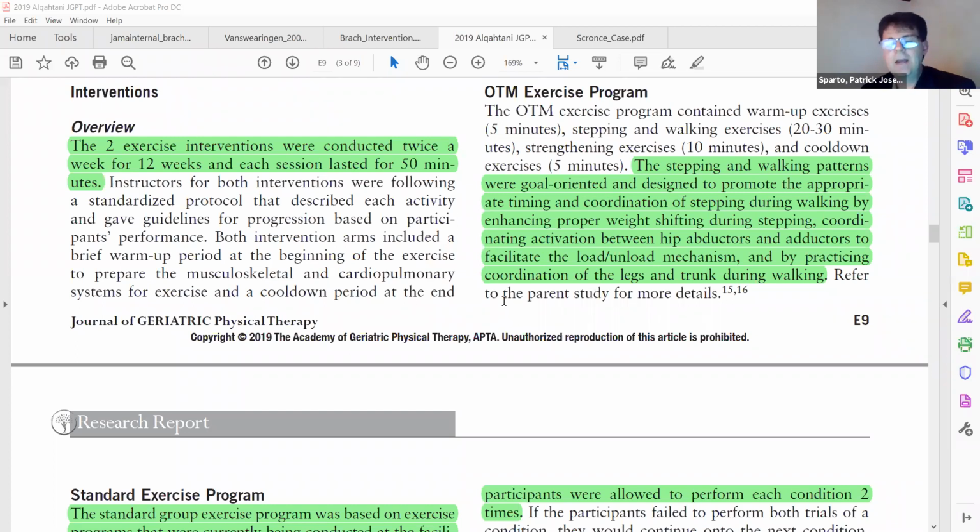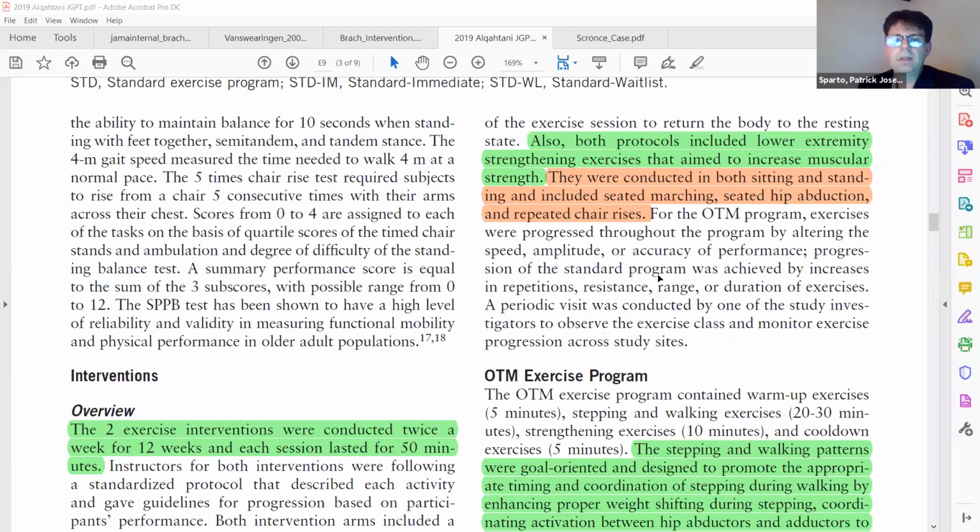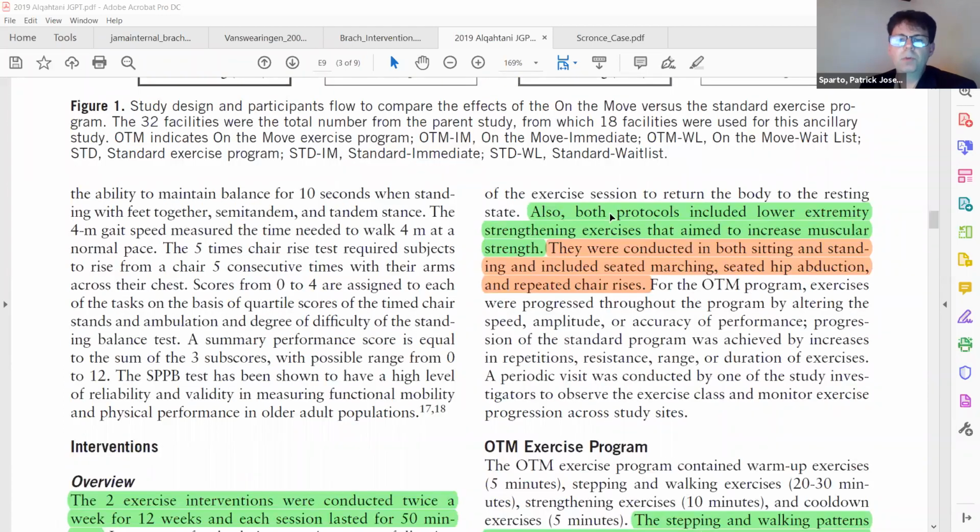Both groups, in order to have an equal amount of time for 50 minutes, the things that were common to both protocols are shown here, which both protocols included lower extremity strengthening exercises, a warm-up, and a cool down.